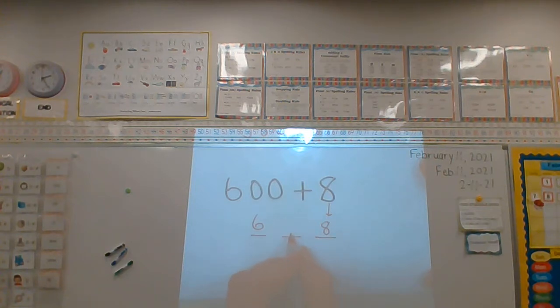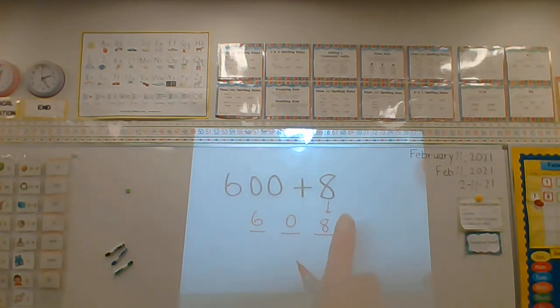608. Uh-oh. What can we put there? Do we have any 10s? 600 plus, are there any 10s? No. But we need somebody to hold the spot till the 10s get there. 608. You'll have to put a 0 because this is where the 10s should be. And you can see in our expanded form, there are no 10s.